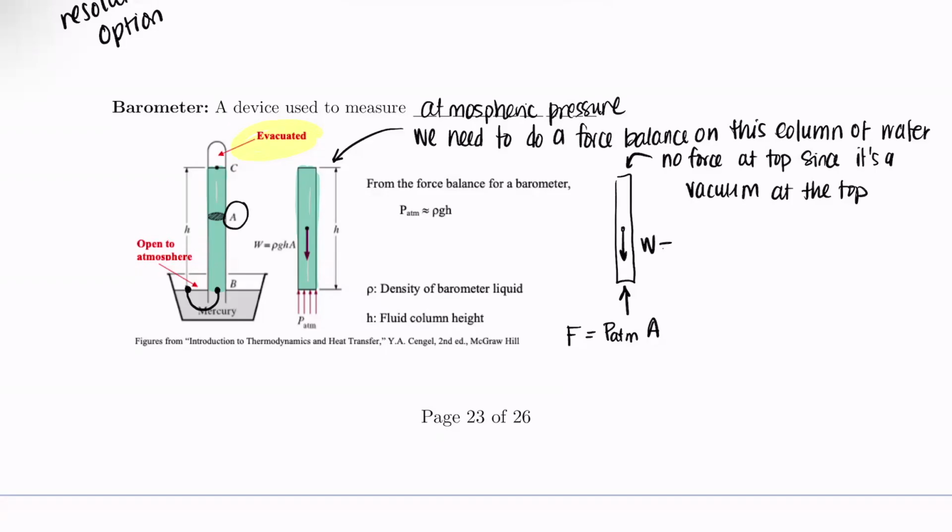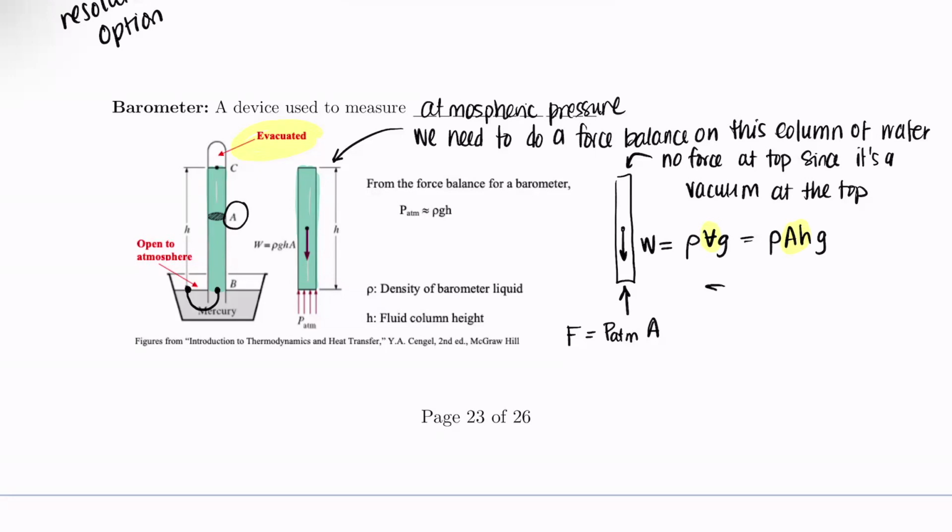Weight is just going to be density times the volume times g, or rho times A H times g, since our volume is just A times H. This column of water is not moving.